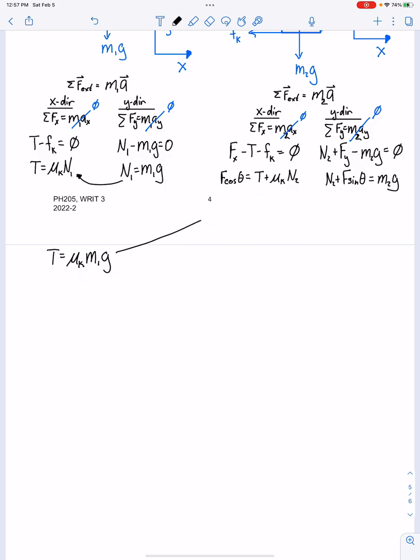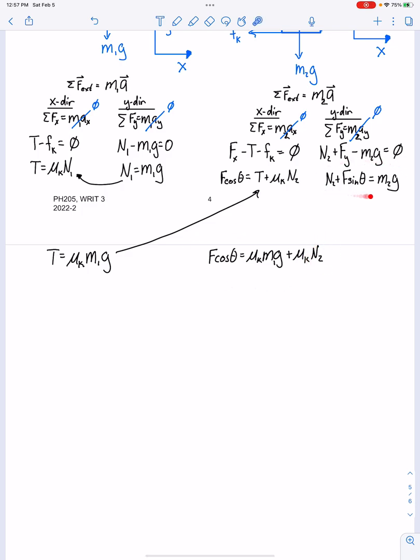So if this gets plugged in there, we get F cosine theta equals T, which is now mu sub k times m1g, and don't forget your m1s versus m2s, plus mu sub k times N2. And now we've got this equation, but we need to get rid of N2.